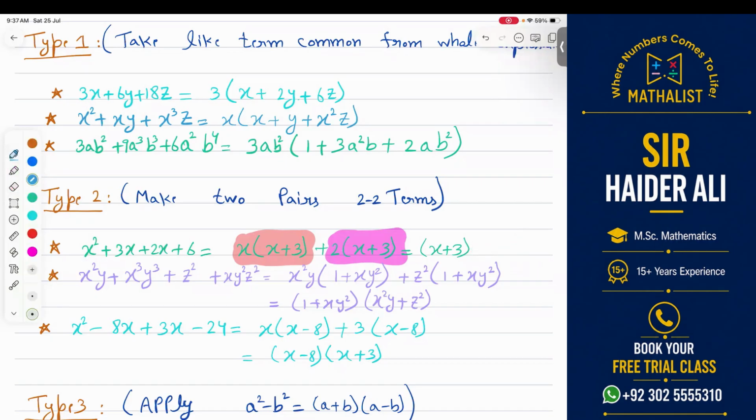And when we take x plus 3 common, inside we have in the first term x, and in the second term 2. It will be the answer.